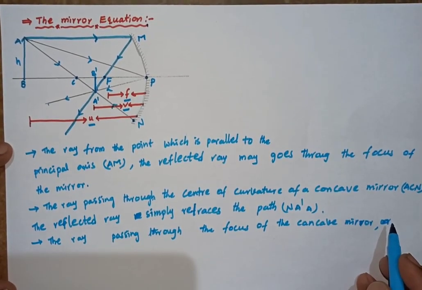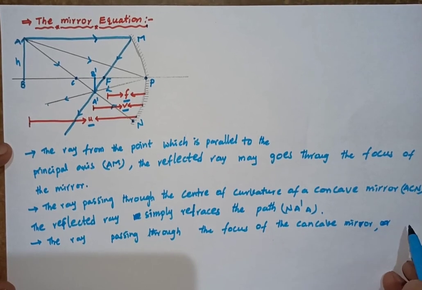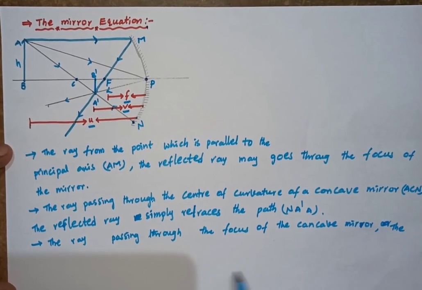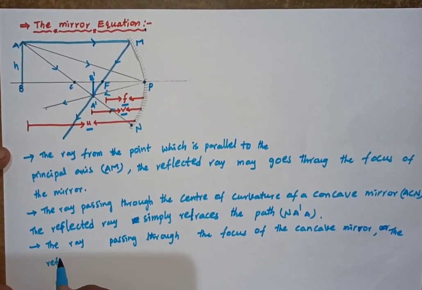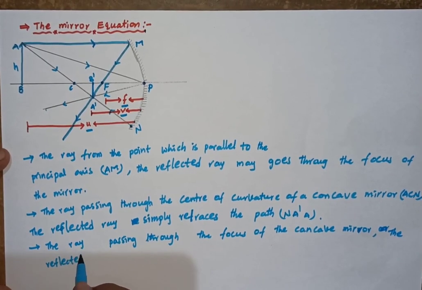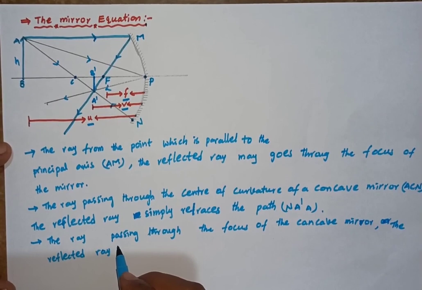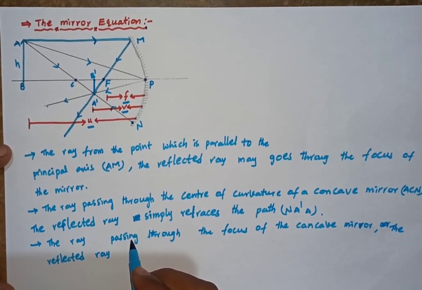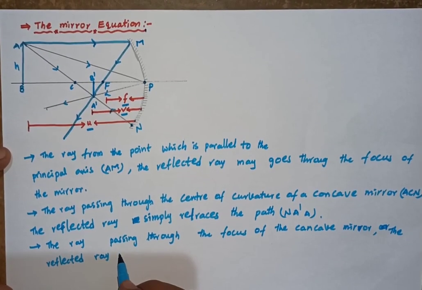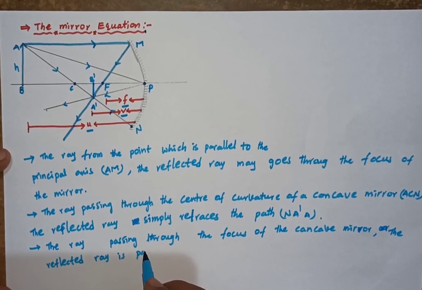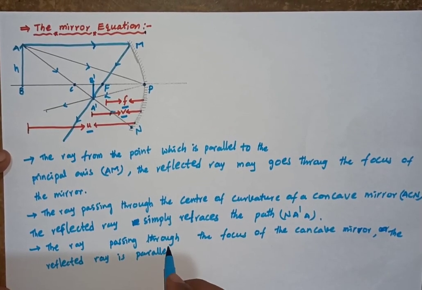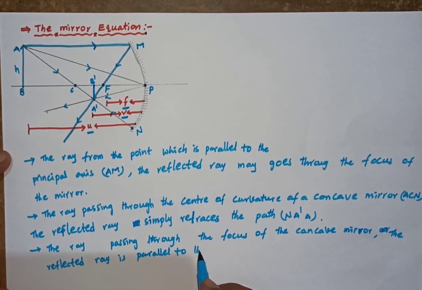The reflected ray is parallel to the principal axis.